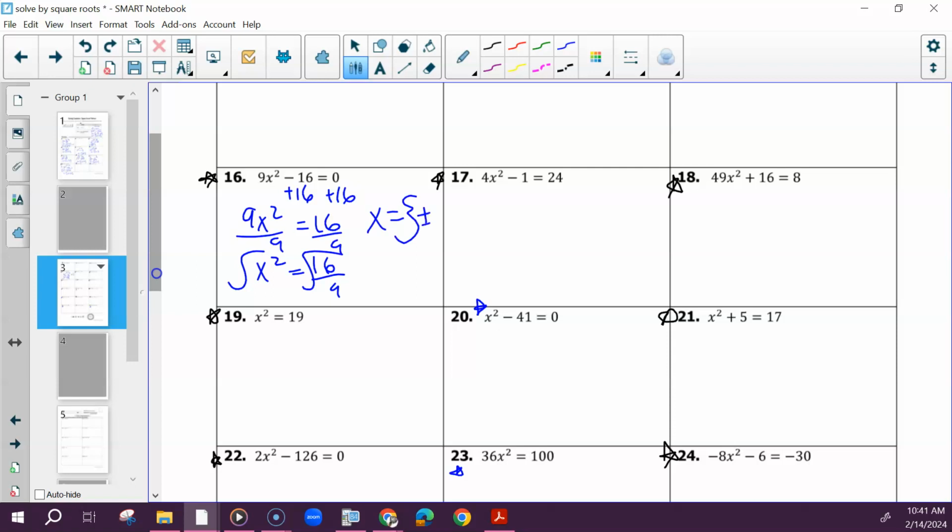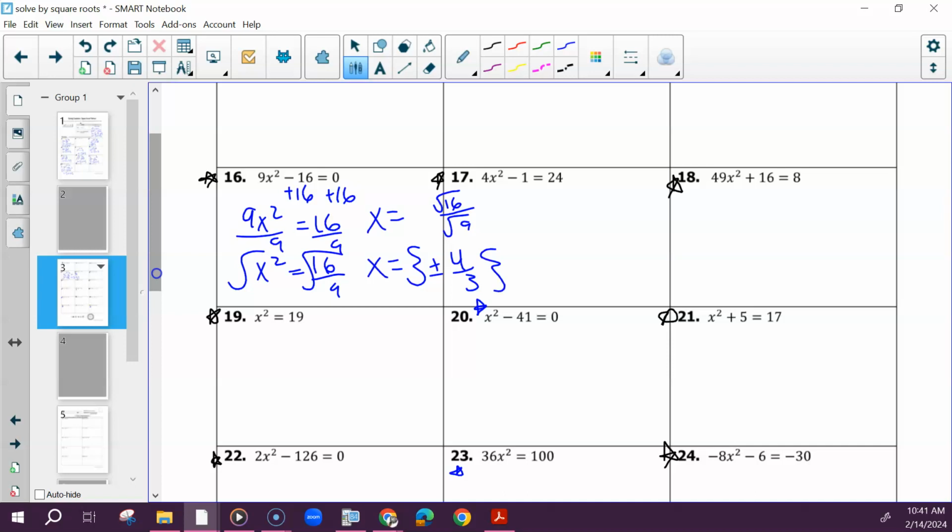So that would be the square root of 16 over the square root of 9. What would that be? 4 over 3. So plus or minus 4 over 3.